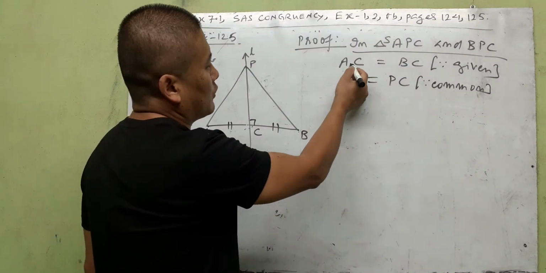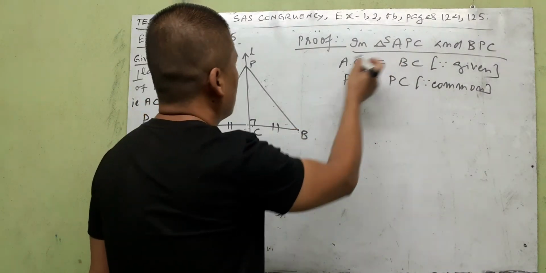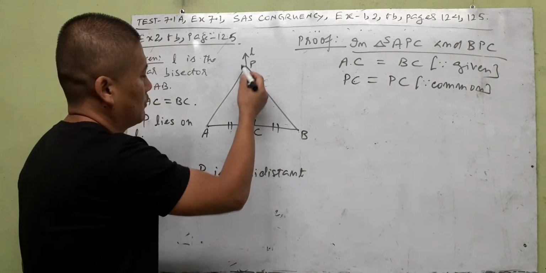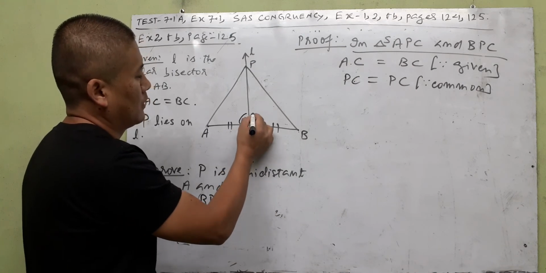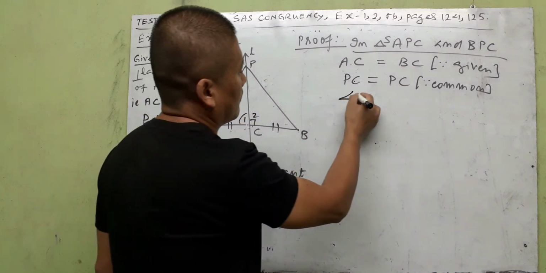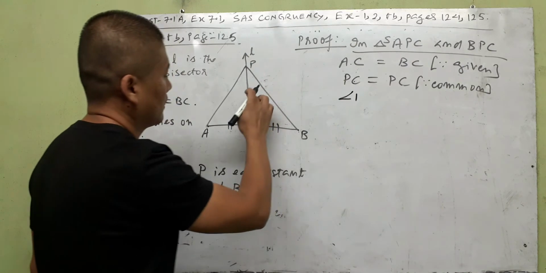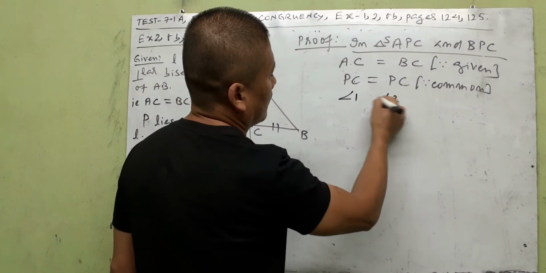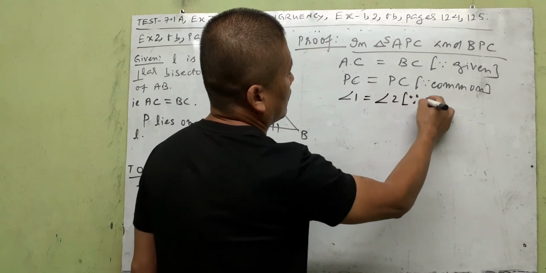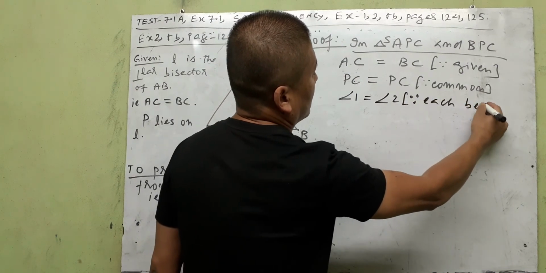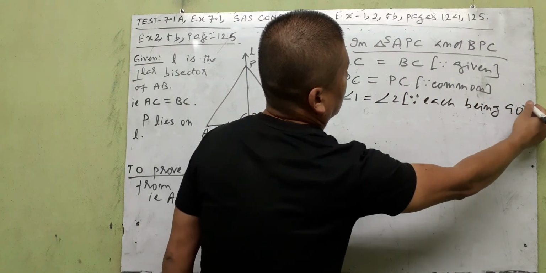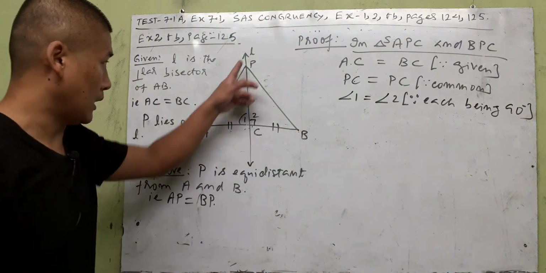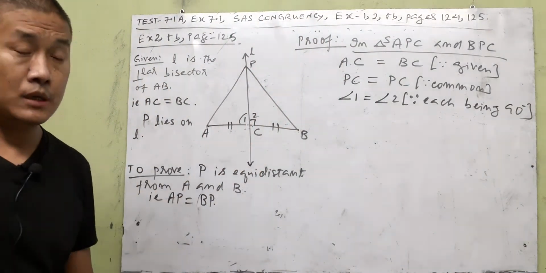Then let us find the angle between AC and AP of this triangle, let us say angle 1. And between BC and PC is angle 2. Now why are they equal? Because each is 90 degrees, because we learned that this line is perpendicular, meaning 90 degrees, to AB.